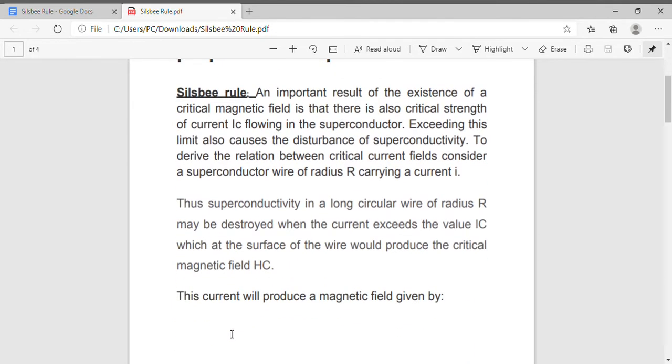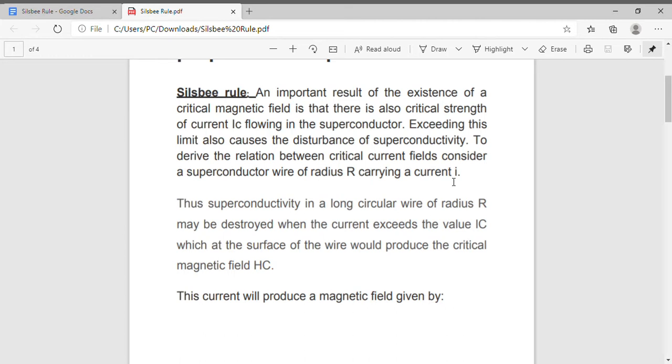Now, in order to determine the formula of critical current, I am taking a superconducting long circular wire. Let the radius of this circular wire be r. We are going to pass current through this wire. Let the current passing through the wire be I. Now I am increasing the value of this current.